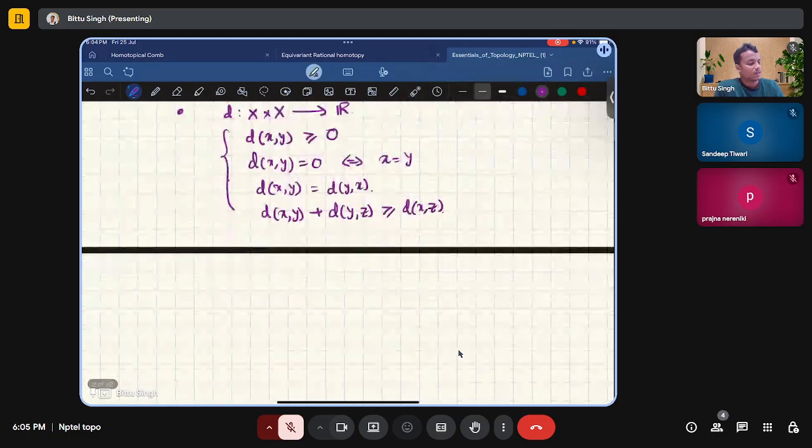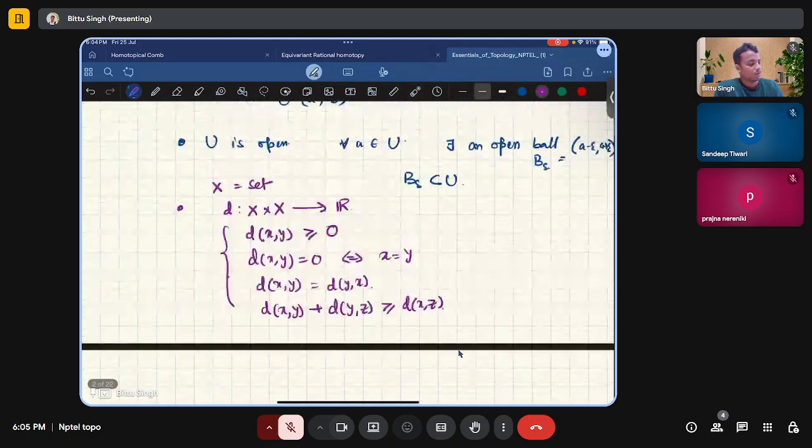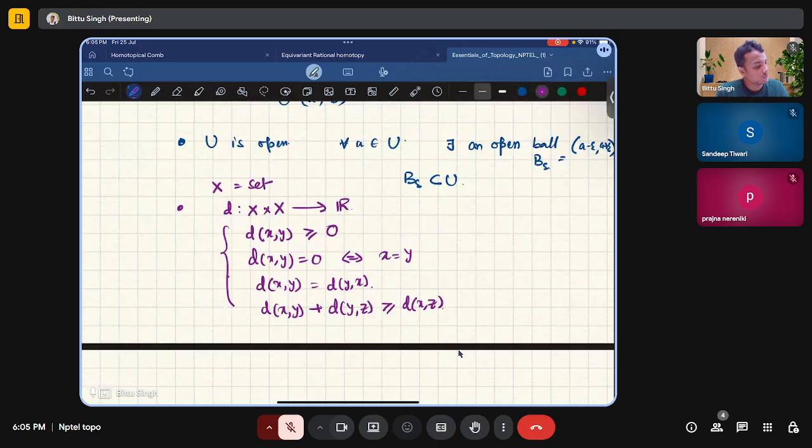Now these ideas can be generalized further. In a metric space, open balls are defined in a similar manner. Instead of the neighborhood, the open ball will look like this.